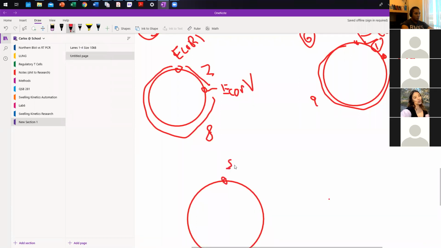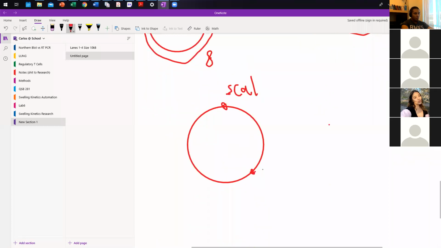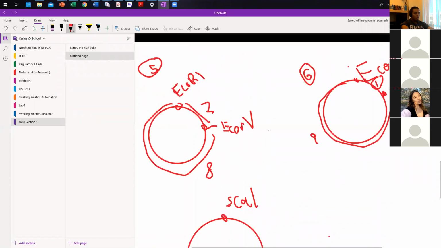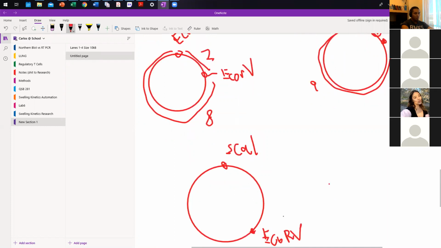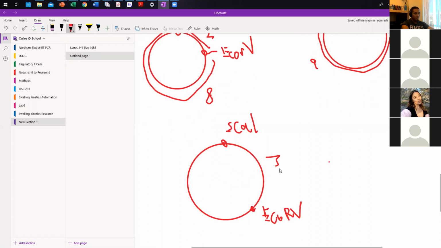So Scout, and then EcoRV. So then if you want to draw Scout here, you have to draw it far away from EcoRV. So this is probably 3, and this is 7.